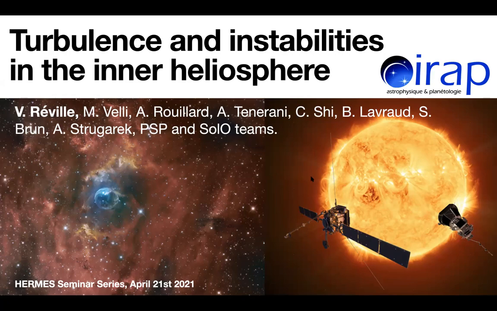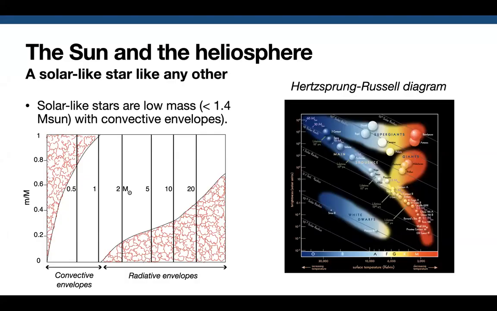All right, so first, a little global introduction about the sun. The sun is a solar-like star, like any other, which means that it's a low-mass star, below 1.4 solar masses. And all these stars have in common convective envelopes. You see in this graph the structure of all stars, from very low-mass stars to very massive stars.